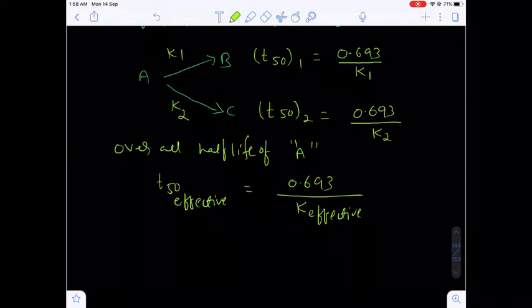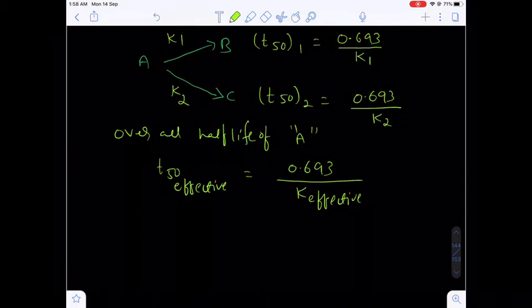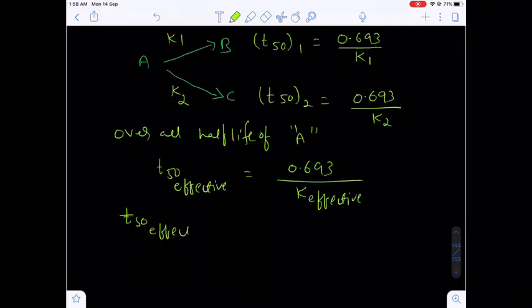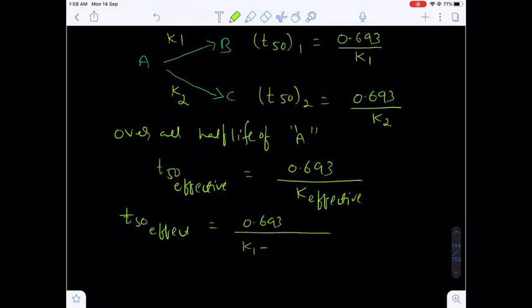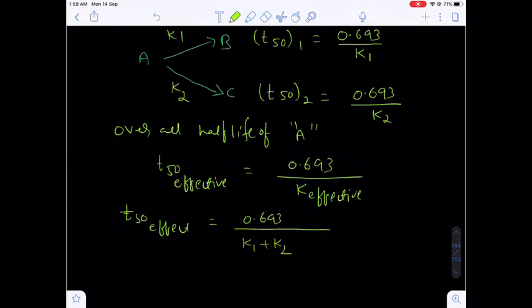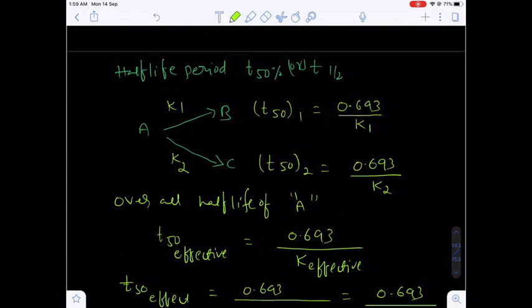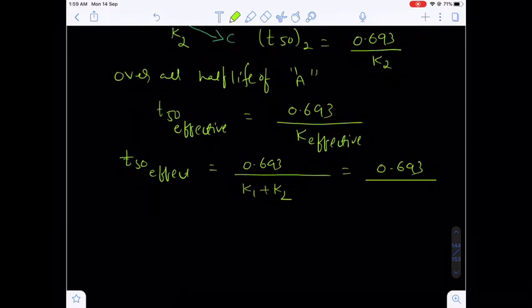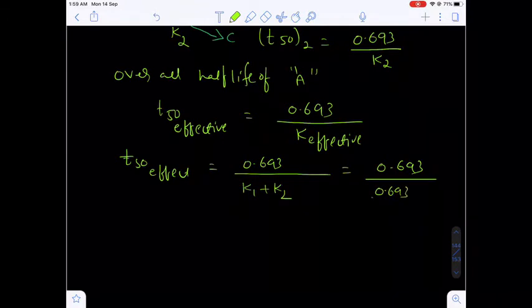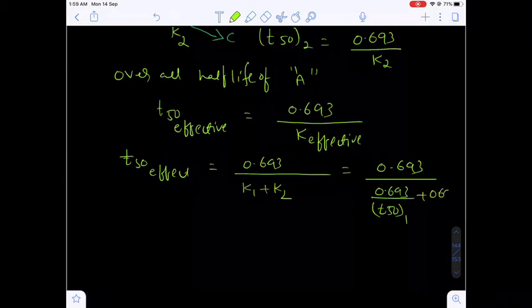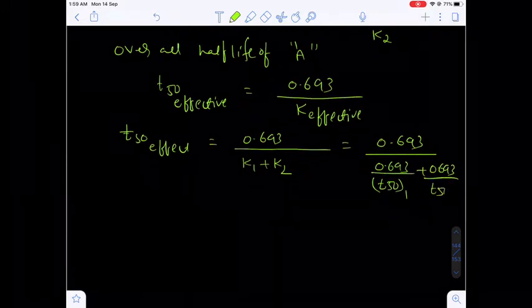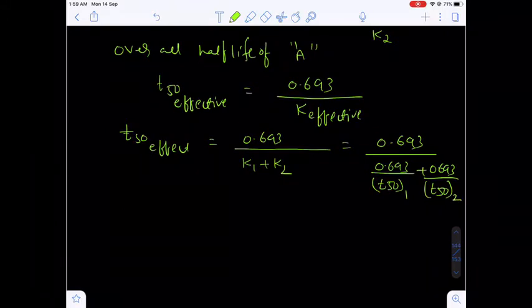So here T50 effective will be equal to 0.693 divided by K1 plus K2. So what is K1 here? From the above expression, K1 is equal to 0.693 by T50 first path, and K2 is 0.693 by T50 second path. Are you getting my point?